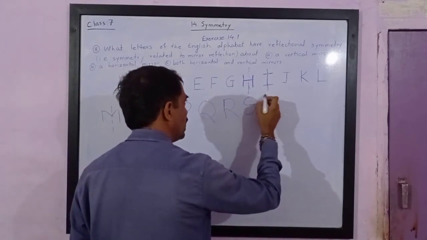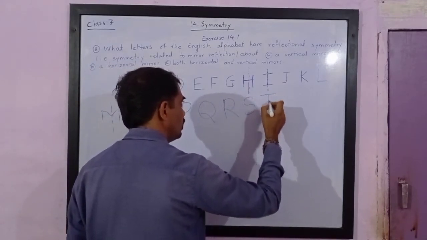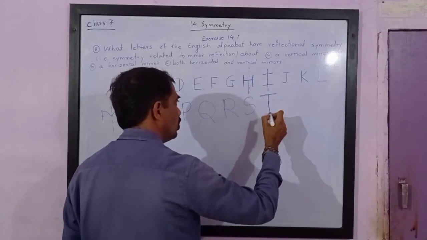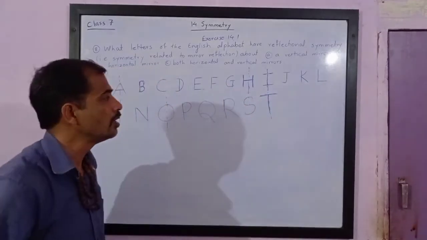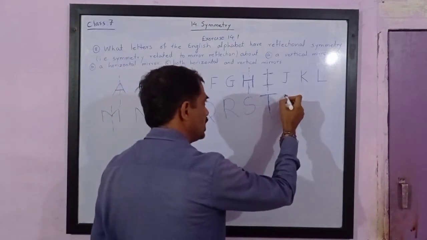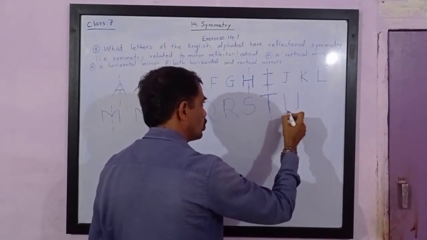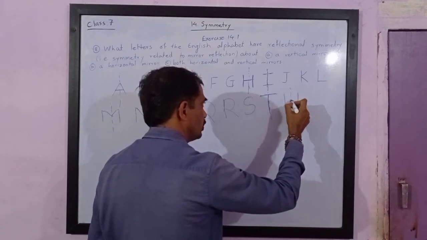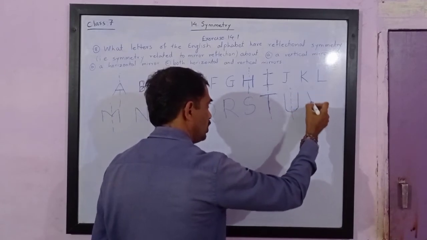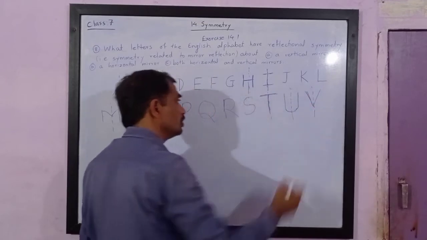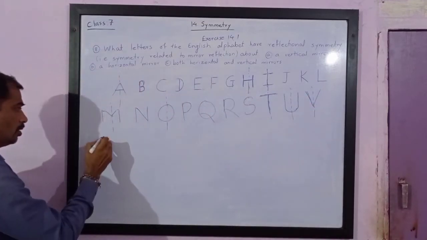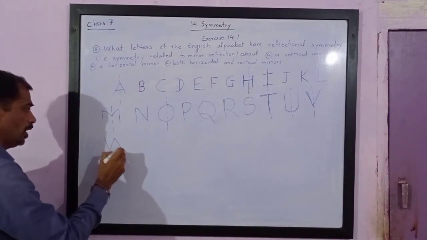Then the next alphabet is T. For T it's possible. If you draw a line exactly at the center, it will make two equal parts. So for T it exists. For U also it exists. Then for V also it exists. Then for W also it exists.